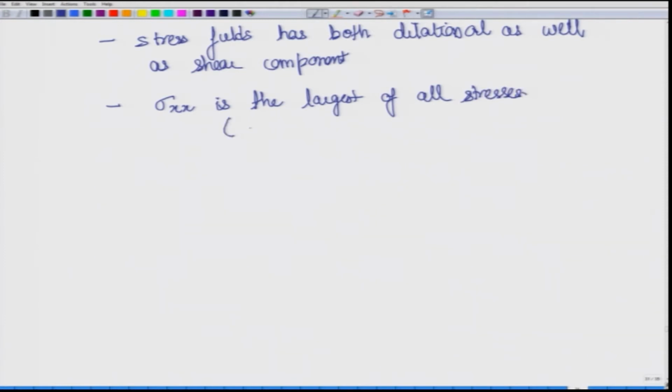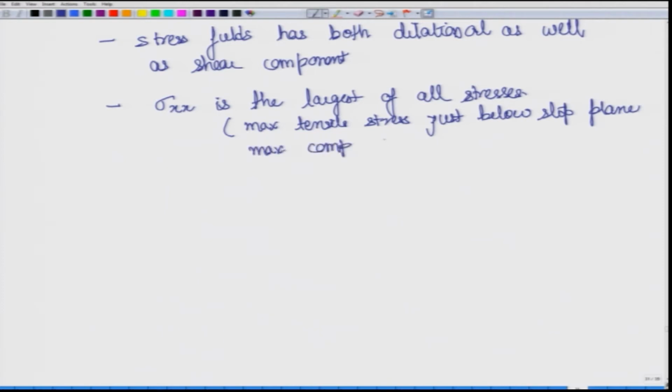And here you can see that maximum tensile stress is just below the slip plane, and similarly, maximum compressive stress is just above the slip plane. So, we have looked at the stress field for the two.